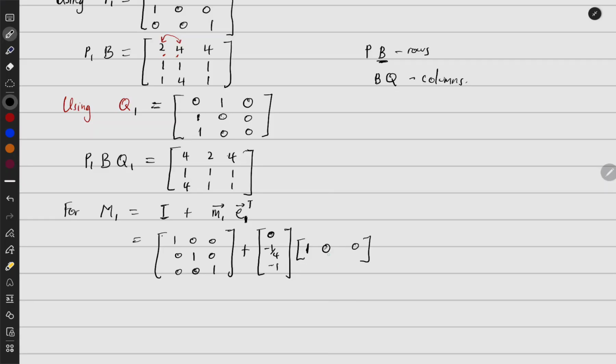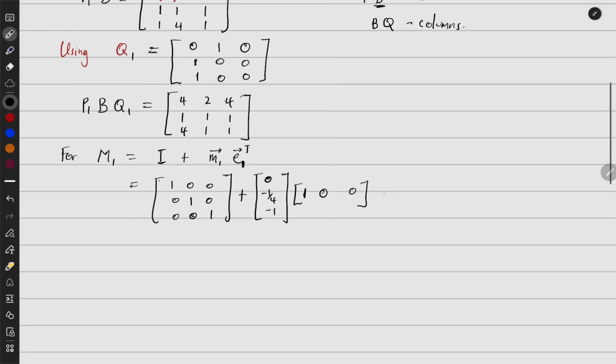If our pivot is in column 2, then our 1 will be in the second position and the rest are zeros. We have done this earlier. When you work this out, it's basically easy: the identity remains there, and this is the only column which changes, and here you have a 0.